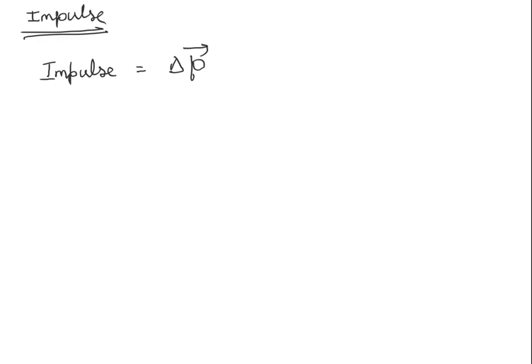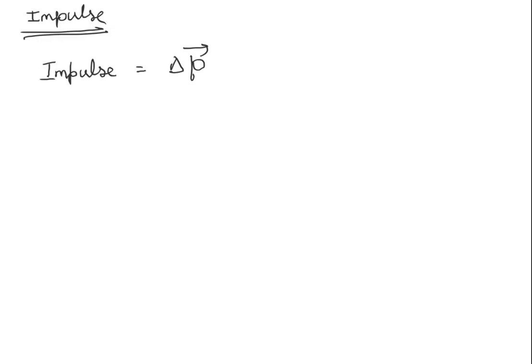Okay? अगर किसी ऑब्जेक्ट का मोमेंटम चेंज हुआ तो हम बोलते हैं that a linear impulse has been imparted to the system. Okay? Change in momentum means that a linear impulse has been imparted to the system.